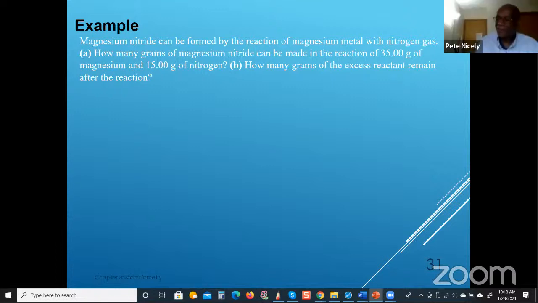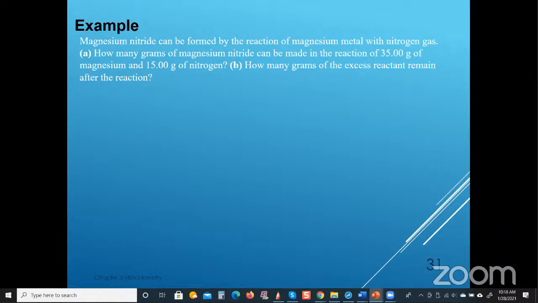Anybody else? What would be the very first step? You won't be able to proceed without doing this particular first step. Is it like figuring out how much can be formed to make the complete magnesium nitride, like how we did for the last example?